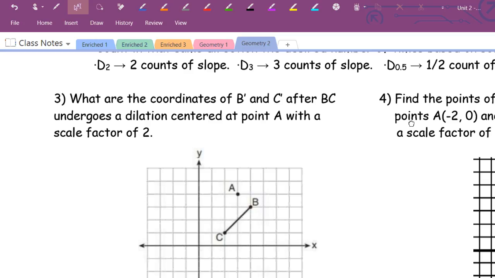What are the coordinates of B prime, C prime after segment BC undergoes a dilation centered at point A with a scale factor of 2? You were okay with dilating when the center was the origin. The process this time will be exactly the same, except instead of doing your counts from the origin, you're going to start your counting at what point? Okay, so give it a try before we explain the rules.